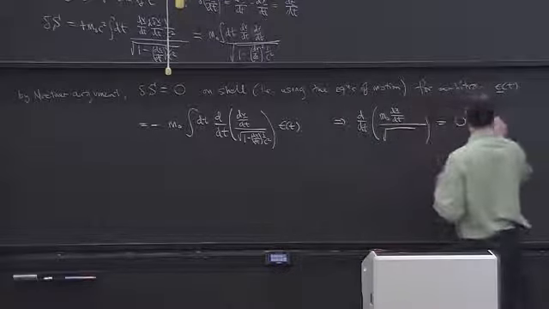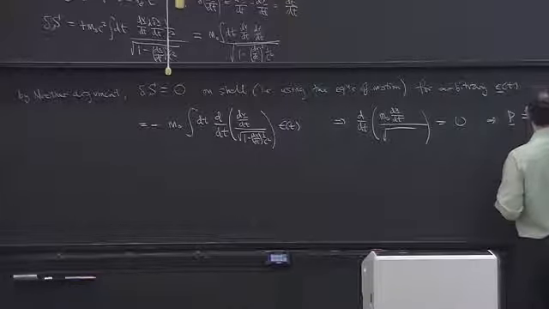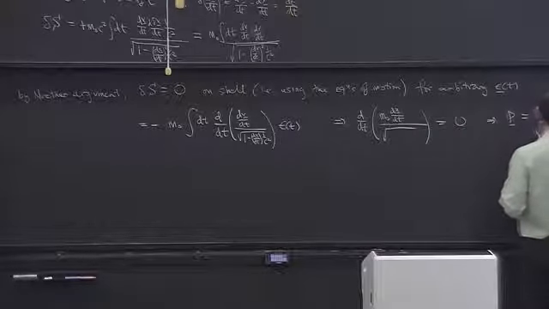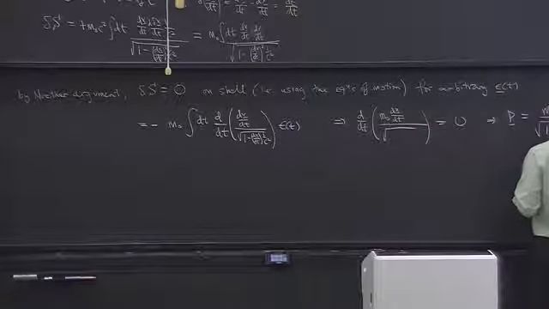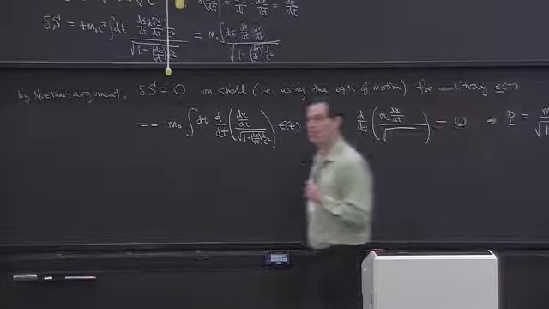And this implies that the conserved quantity p, which is m naught dx/dt over root 1 minus dx/dt squared over c squared, is conserved. And of course, that's the momentum.